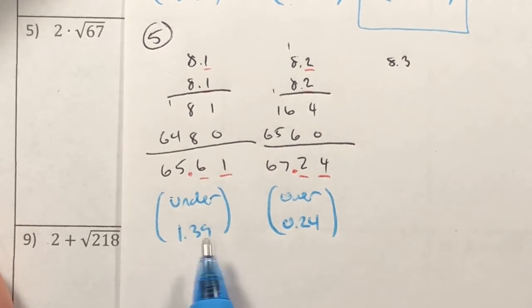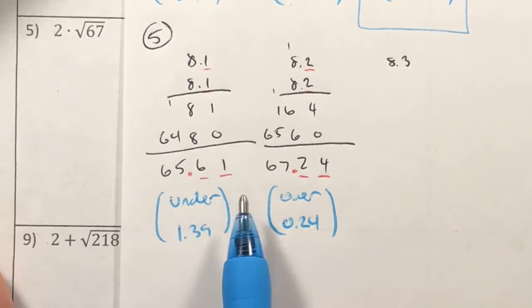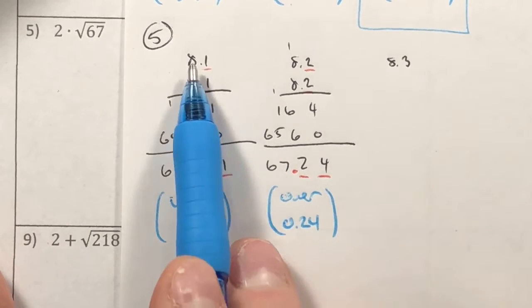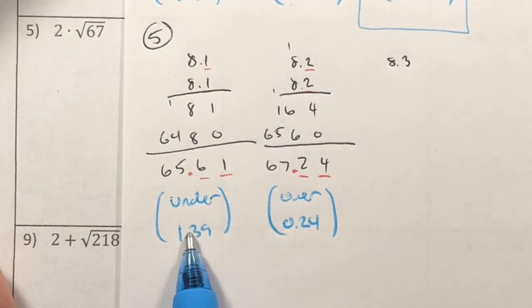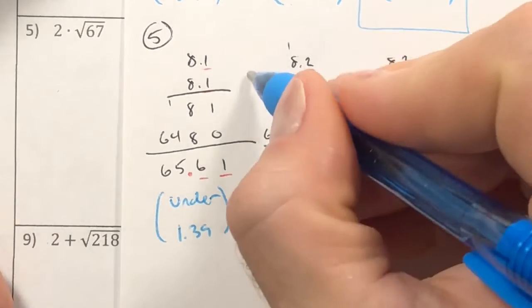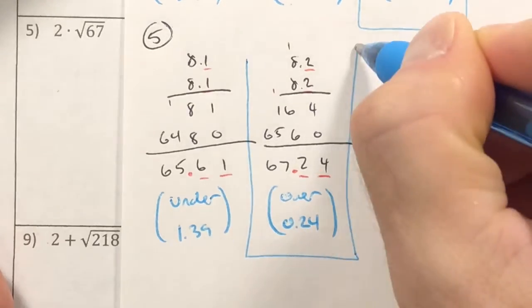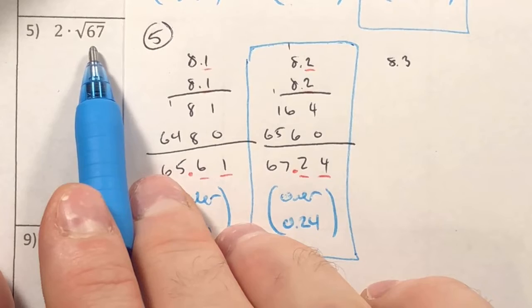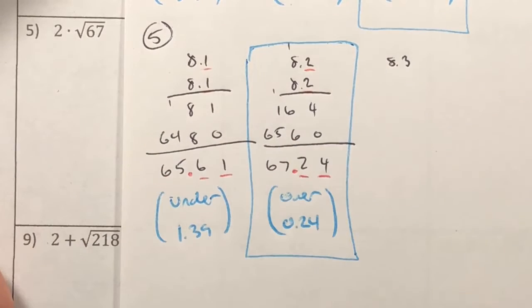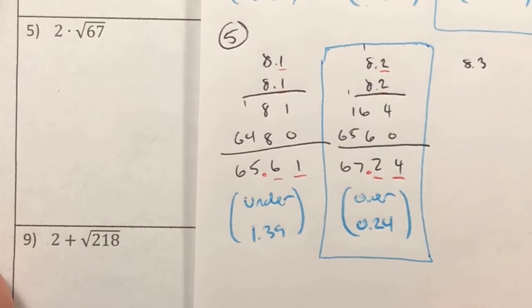So because I went from under to over, I know that the square root of 67 is between these two numbers, which means the root is between 8.1 and 8.2. Which one's closer? Well, 8.2 is the closer of the two options. So I'm going to say that a good estimate of the square root of 67 is going to be 8.2. Okay.